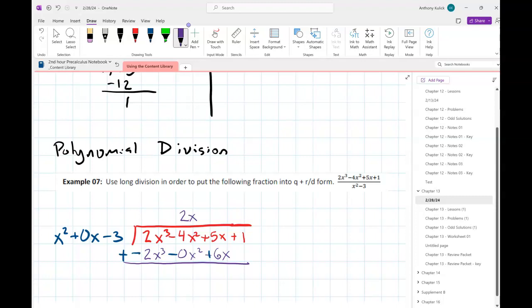Negative 4x squared plus a negative 0x squared is still just negative 4x squared, right? And then 5x plus 6x is 11x. And then I'll bring the 1 down.